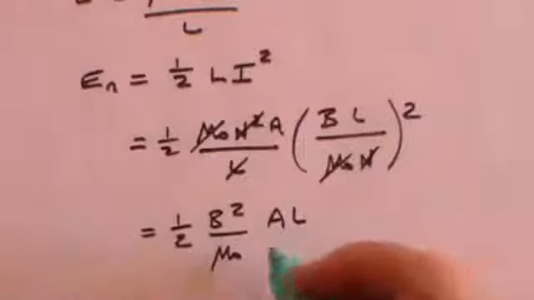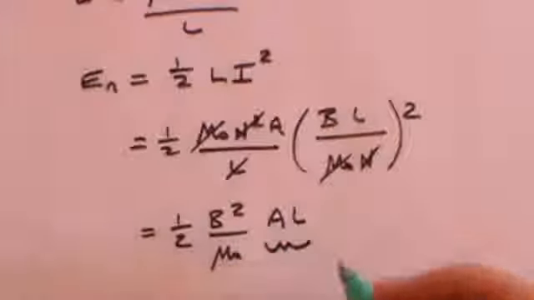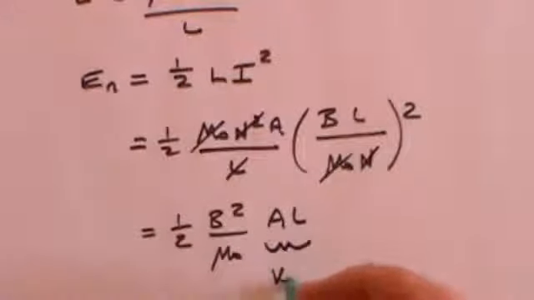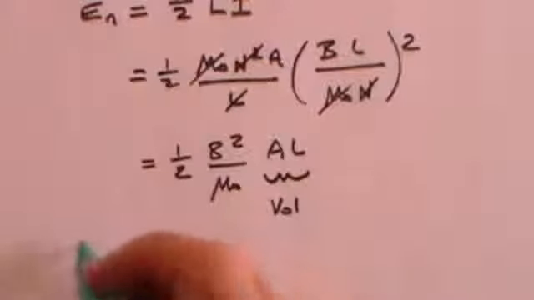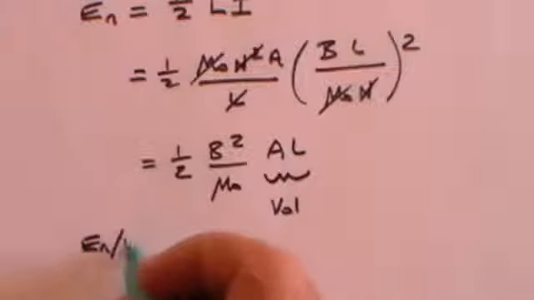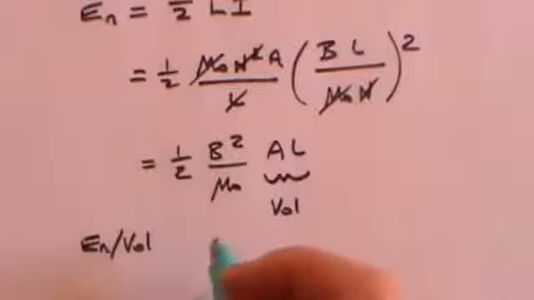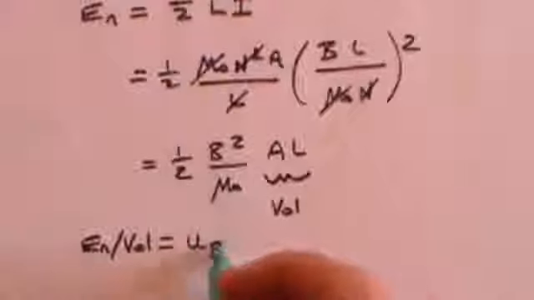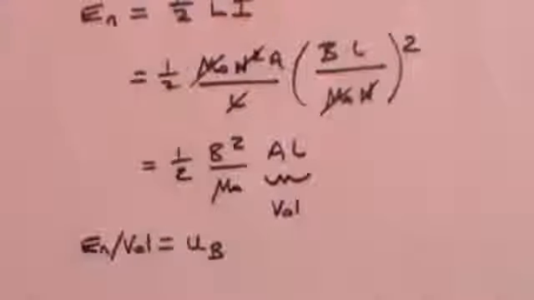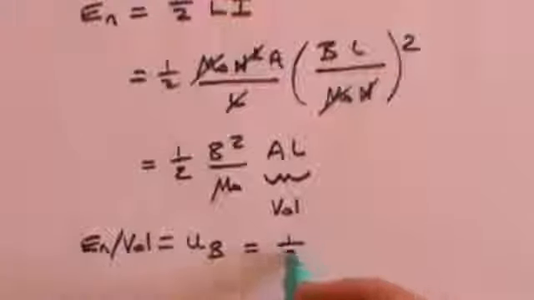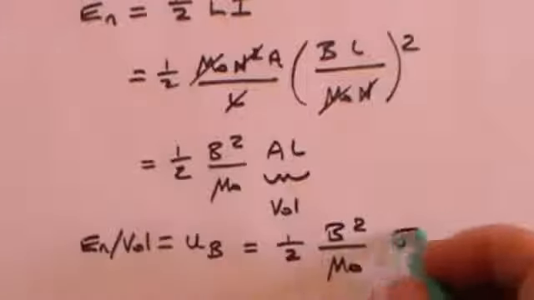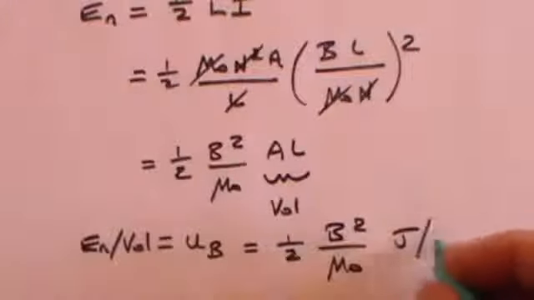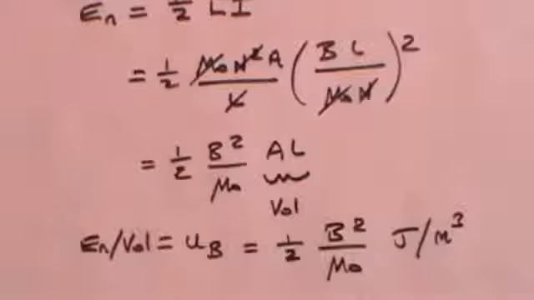But AL, that's the cross-sectional area times the length of the solenoid, is the volume of the solenoid. So once again, we've got that the energy per unit volume of the solenoid, which we will now call UB, representing the energy stored in the magnetic field, is a half B squared over mu naught. And that also will be measured in joules per metre cubed.